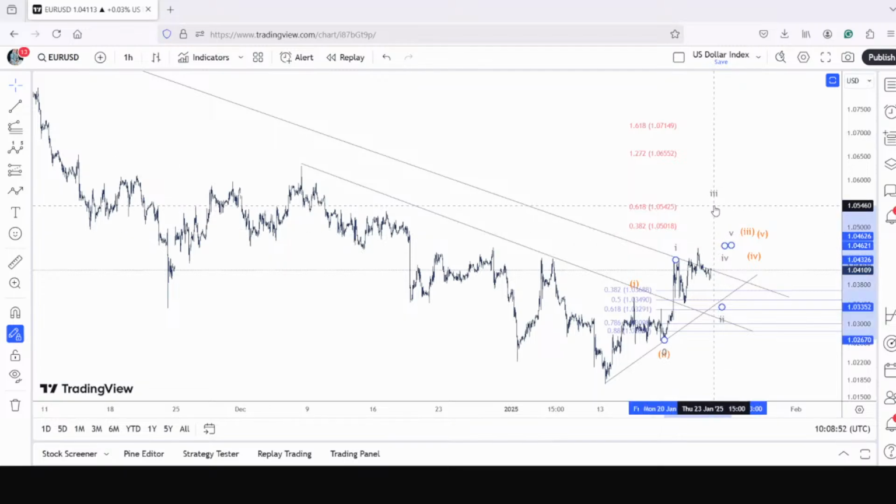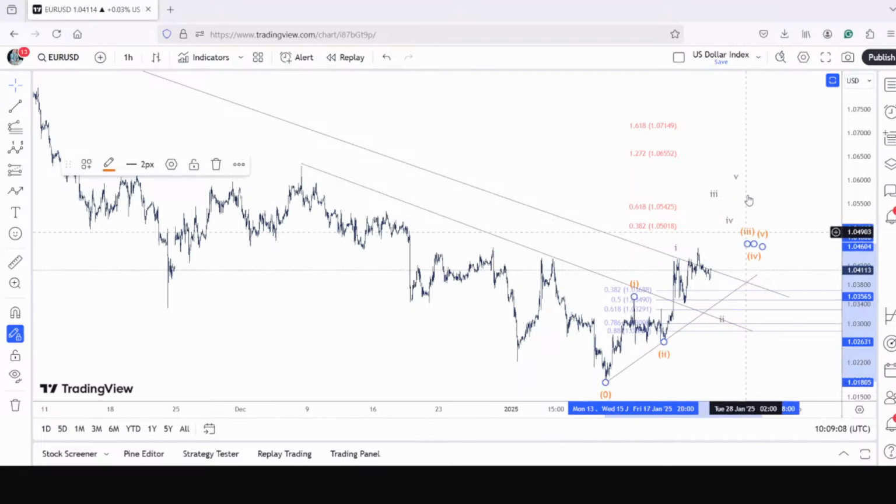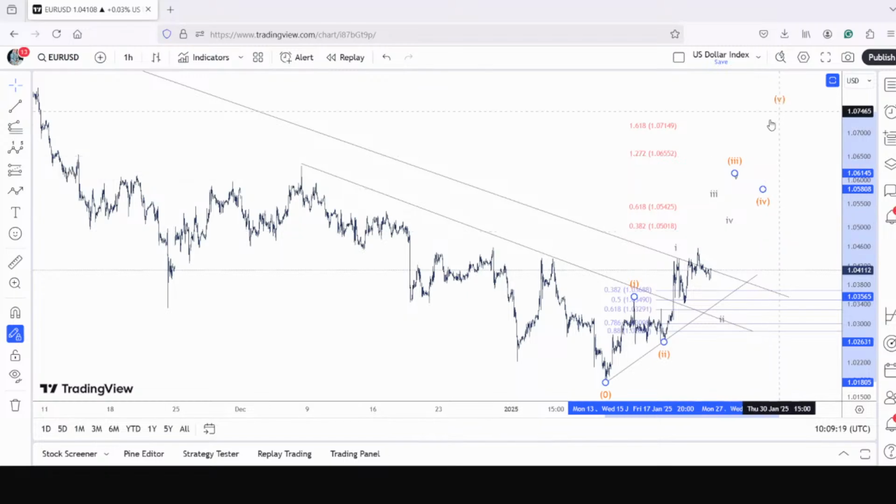If it is going to bring up wave 3 and then slightly lower wave 4, wave 5, that brings us to wave 3 of the higher degree, and then wave 4, and the fifth wave reaching towards the 714 mark.